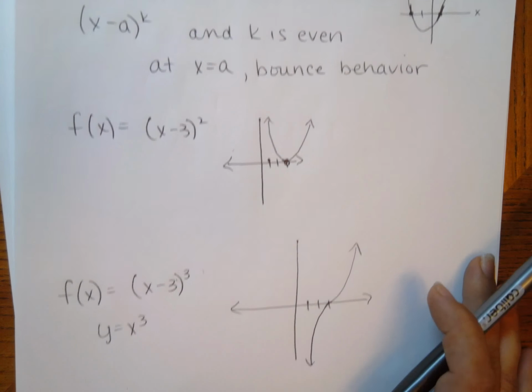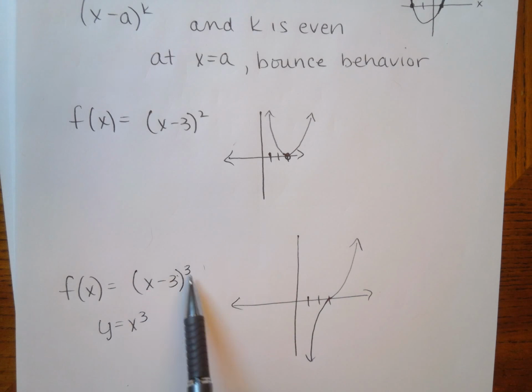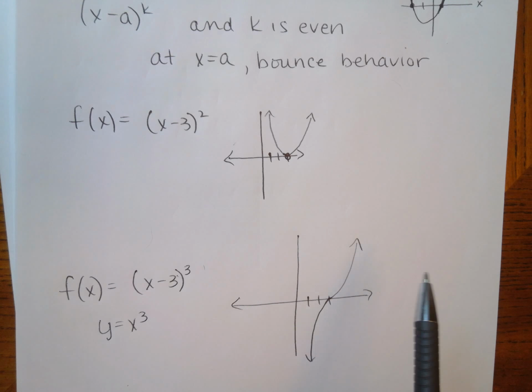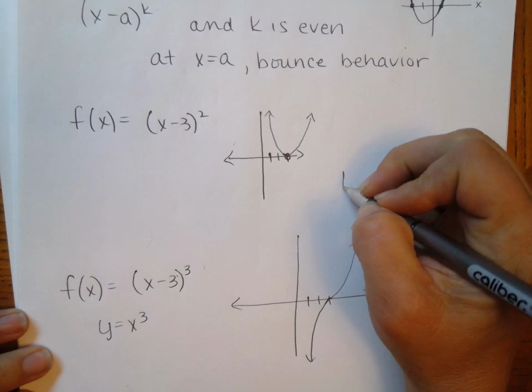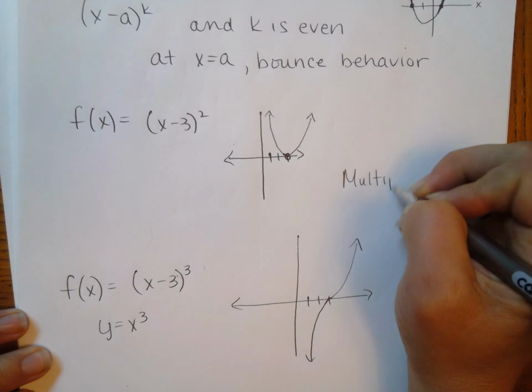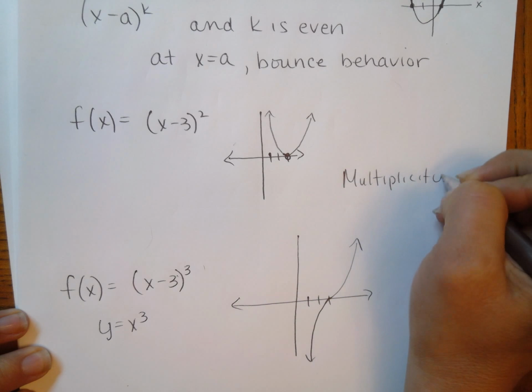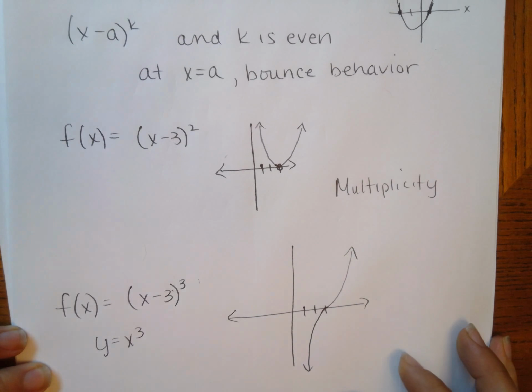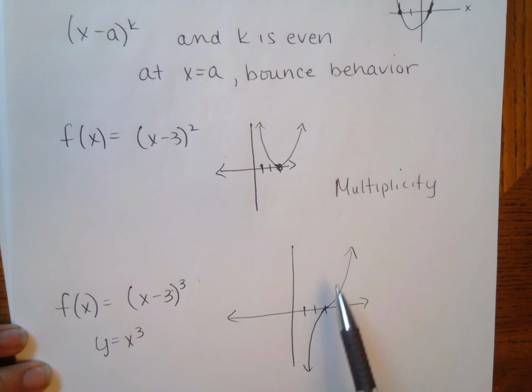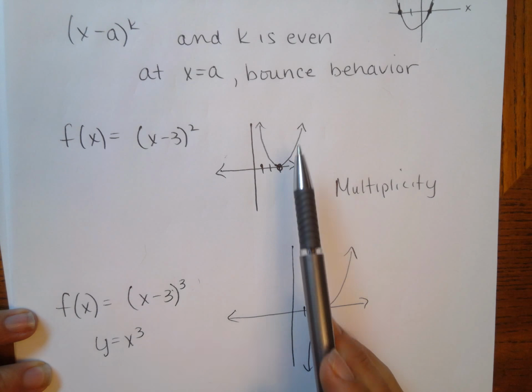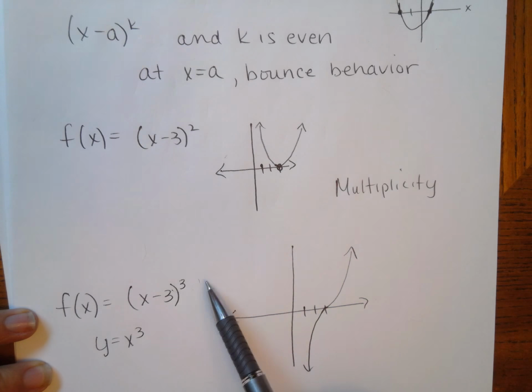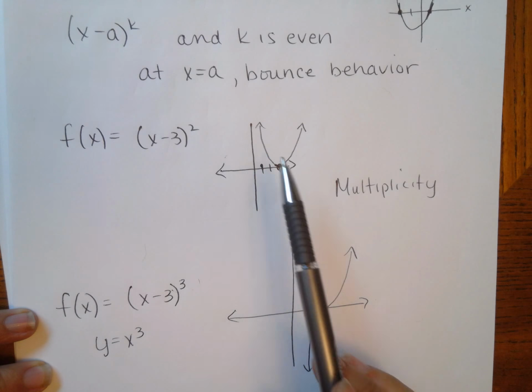And when the multiplicity, the number of times this factor shows up, is odd, we get this cut-through behavior. So let me write this down. We say multiplicity. When k is odd, we get a cut-through, we cross over, and when k is even, with k being the exponent here, we get this bouncing behavior.